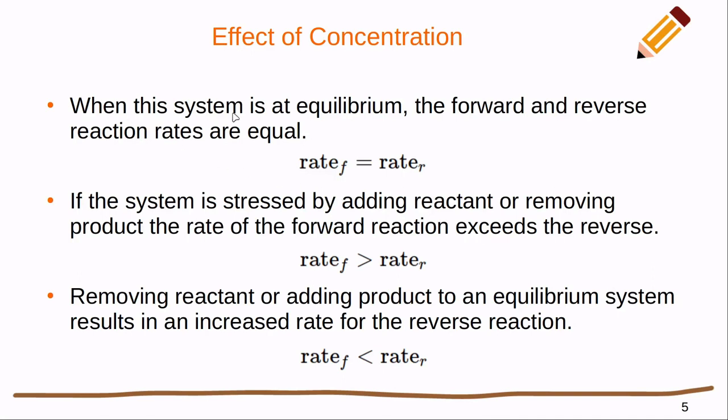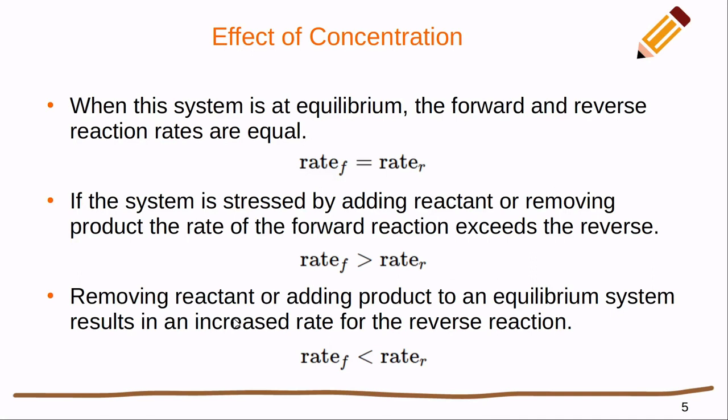So we're going to formalize what we were talking about before regarding the effects of concentration. Again, when it's at equilibrium, our forward rate is going to equal our reverse rate. If the system is stressed by adding a reactant or removing a product, the rate of the forward reaction exceeds the reverse, and the system will proceed from the reactants towards the products, left to right.